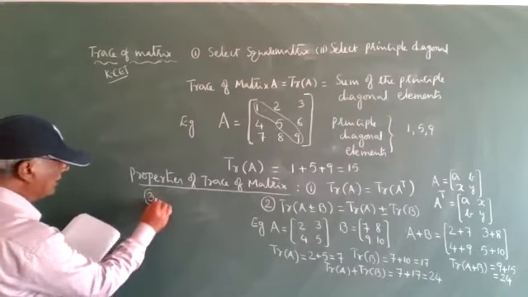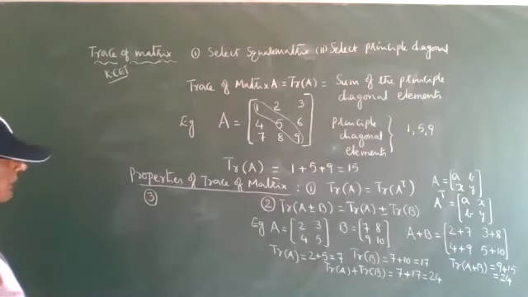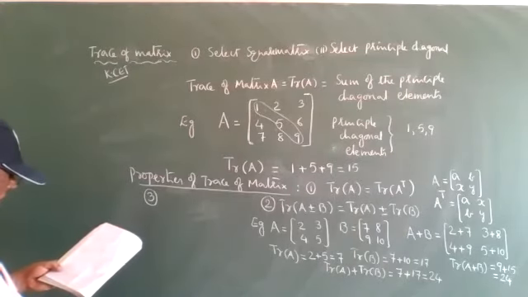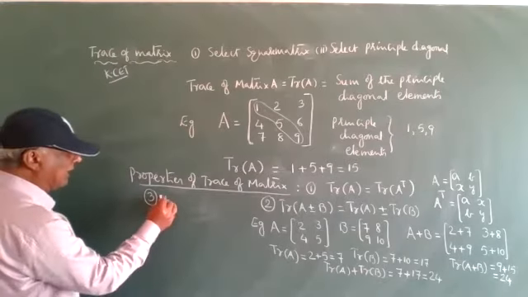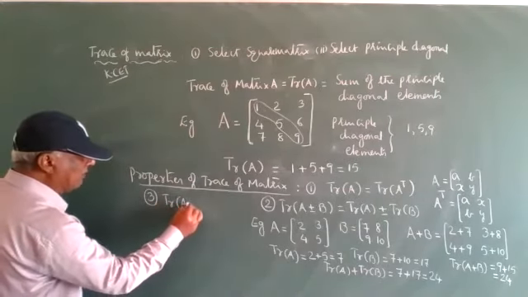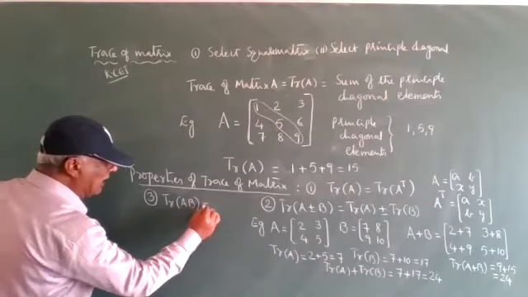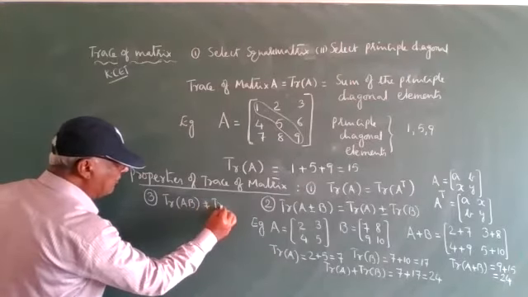Third point: trace of AB is not equal to trace of BA.